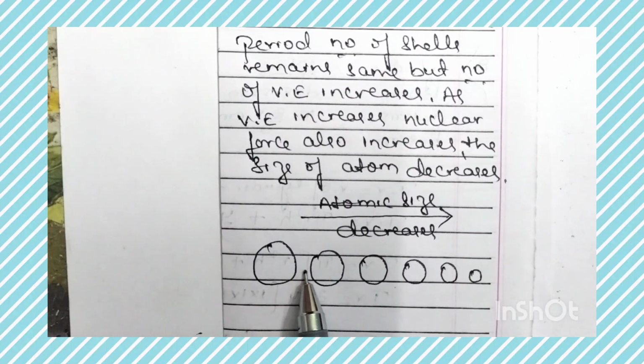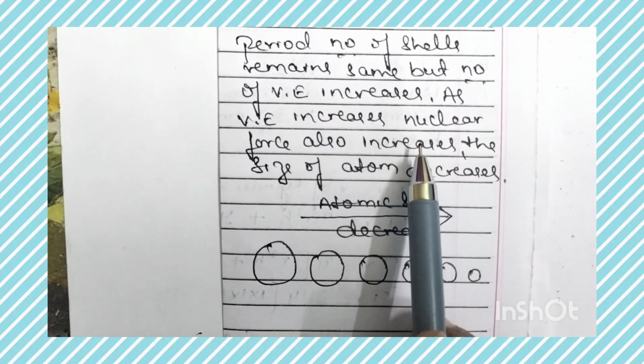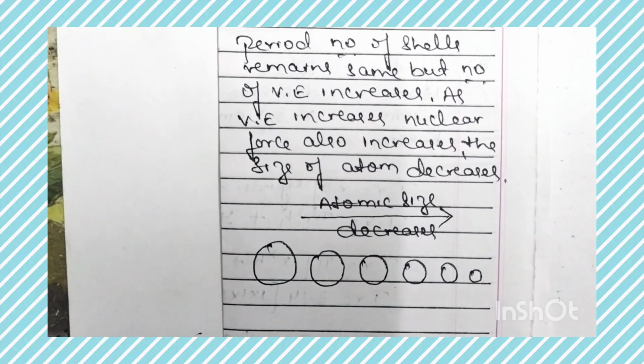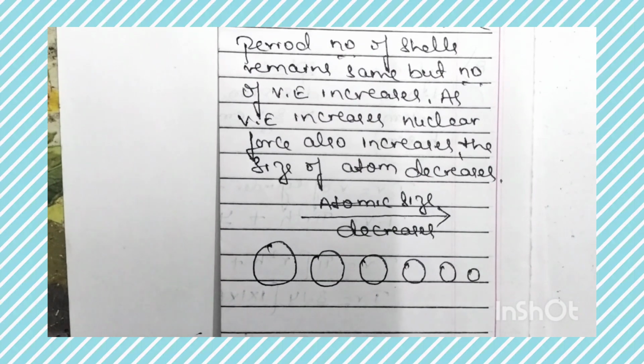See, as we move across the period, the atomic size goes on decreasing. ಸೊ ಅಟಾಮಿಕ್ ಸೈಜ್ ಡಿಕ್ರೀಸ್ ಆಗ್ತಾ ಹೋಗುತ್ತೆ, ಯಾಕೆಂದರೆ ನ್ಯೂಕ್ಲಿಯರ್ ಫೋರ್ಸ್ ಇನ್ಕ್ರೀಸ್ ಆಗುತ್ತೆ. ಸೊ ಅದರಿಂದ ಅಟಾಮಿಕ್ ಸೈಜು ಡಿಕ್ರೀಸ್ ಆಗ್ತಾ ಹೋಗುತ್ತೆ. So this is that nuclear force makes the valence electron come near the nucleus. So adrinda atomic size decrease ಆಗ್ತಾ ಹೋಗುತ್ತೆ.